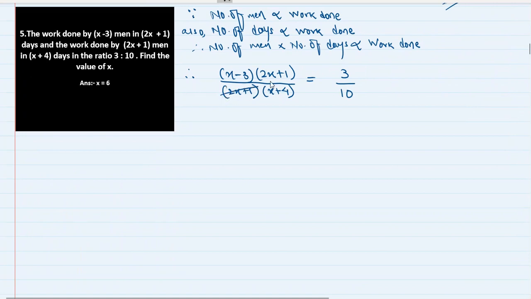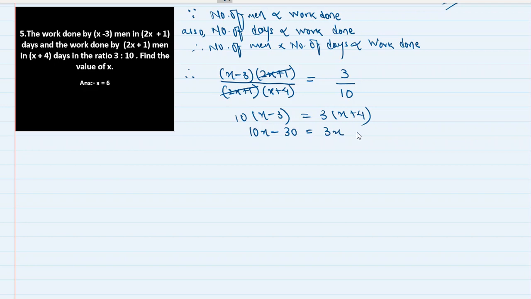So this 2x plus 1 will simply get cut, and we will get 10 bracket x minus 3 is equal to 3 bracket x plus 4. So that is 10x minus 30 is equal to 3x plus 12.